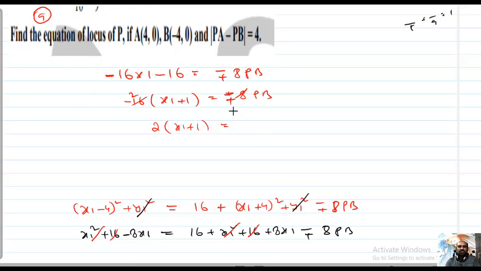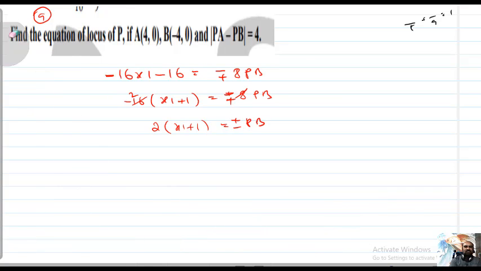It becomes plus r minus PB. Again squaring, 4 times of x1 plus 1 square equal to PB square.